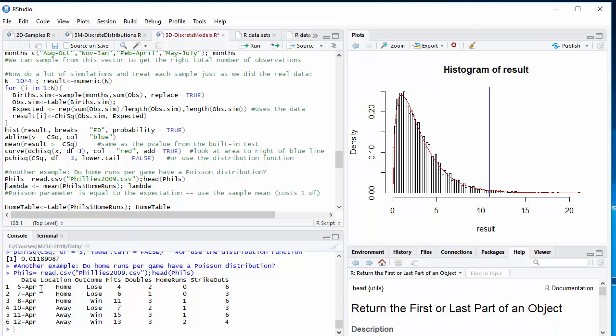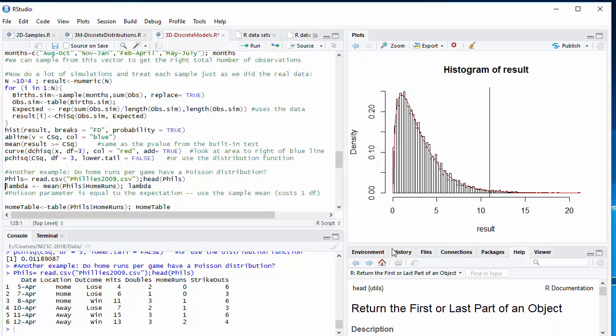Here's our CSV file converted into a data frame, and we have the outcome of the game, the number of hits, the number of doubles, and so on. But all that we're concerned with is the number of home runs. If we want to model this with the Poisson distribution, we need the parameter for the distribution.